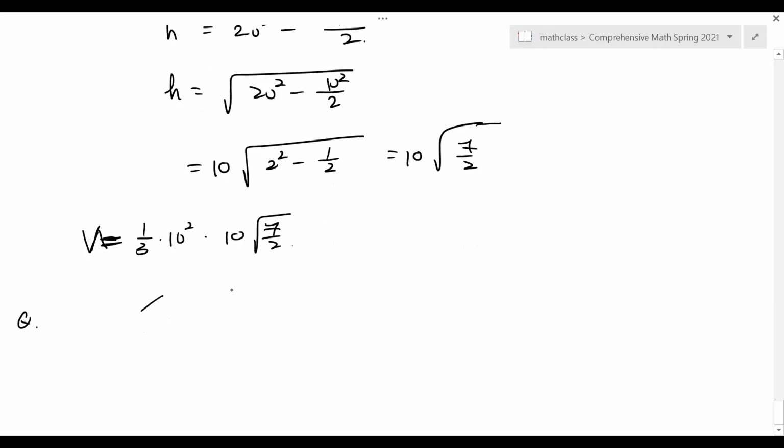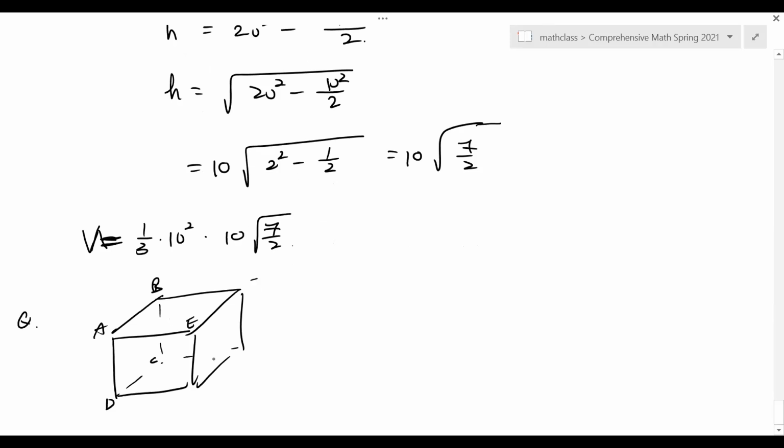So now I'm going to ask you to look at the following problem. This is a cube, okay? And you have A and B, C, D, E, F, H, G. We know that AB equals 12, BC equals 8, and AE equals 6.